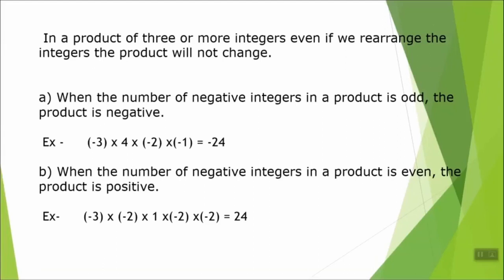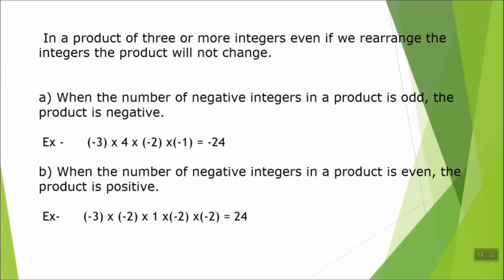You can see in the example here 3, 2 and 1 are negative integers, and if you count the number of negative integers, they are 3 in number. It means 3 is odd. So the product will have negative sign.